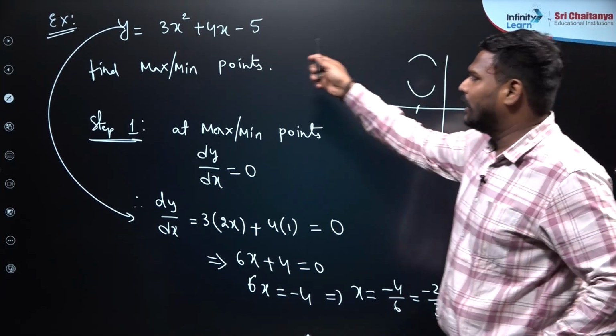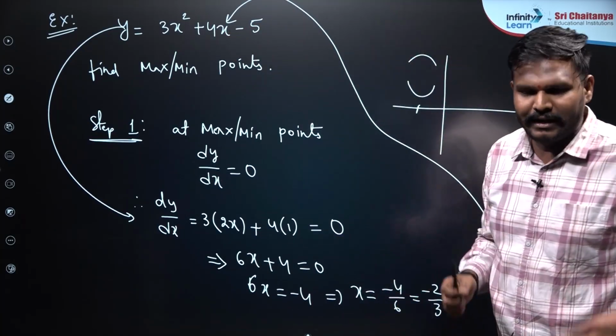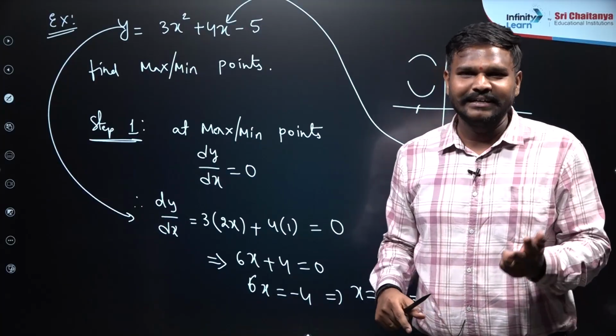If I substitute this value in this particular function, I'll get either the maxima point or the minima point. Is that clear?